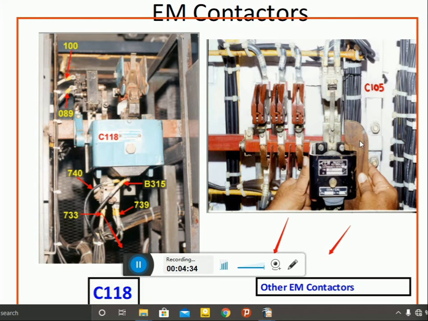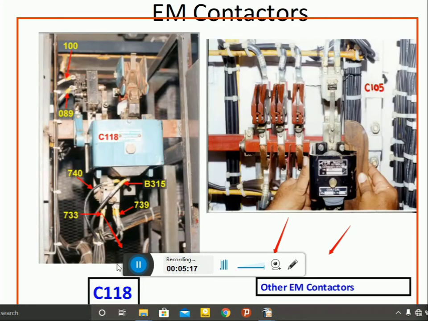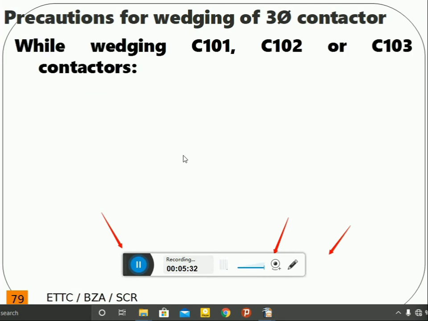After wedging the contactor, no need to place the R-tube. After wedging any EM contactor, we have to ensure the 3 tips are properly closed. By removing the R-tubes, we have to ensure the 3 tips, mobile and fixed jaws, are closed completely.